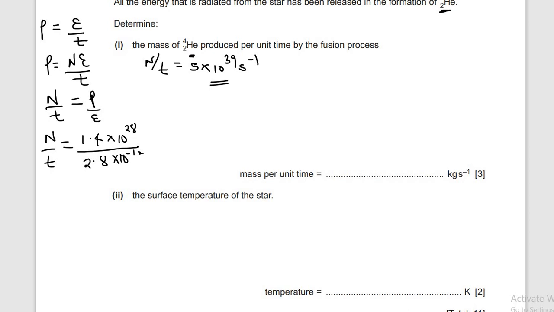Now, the unit they're asking for is kilogram per second. What is mass per unit time? It is mass times 1 over t.